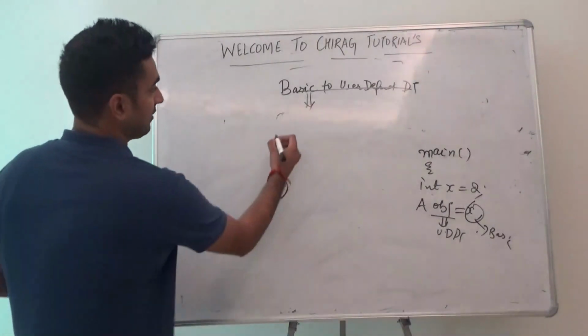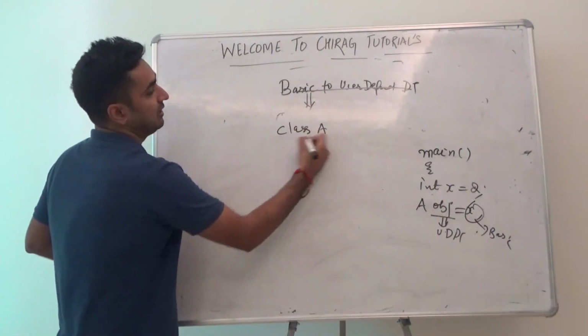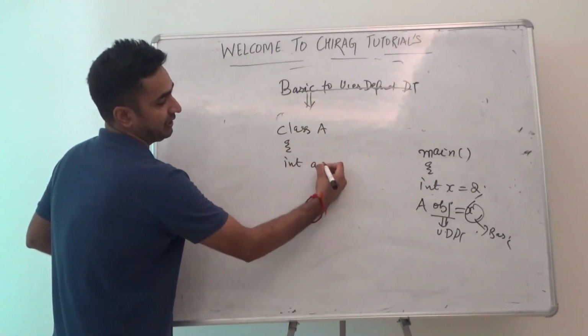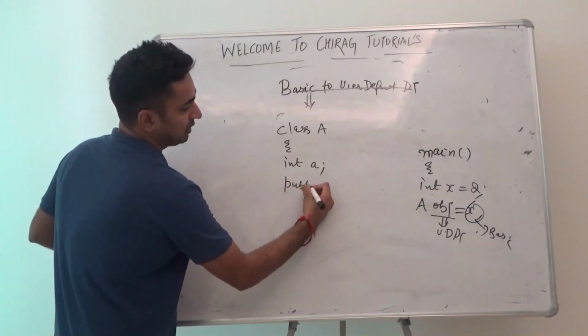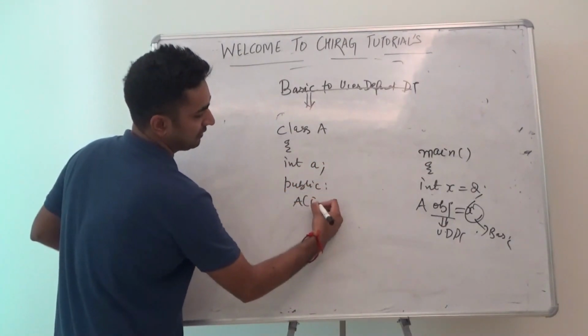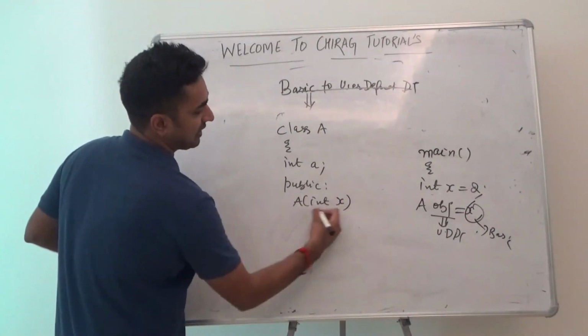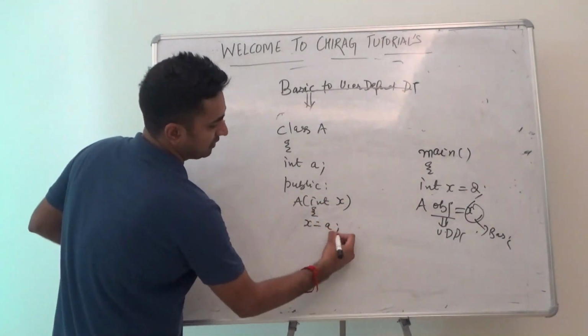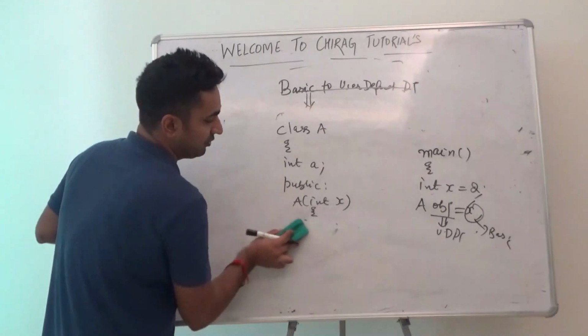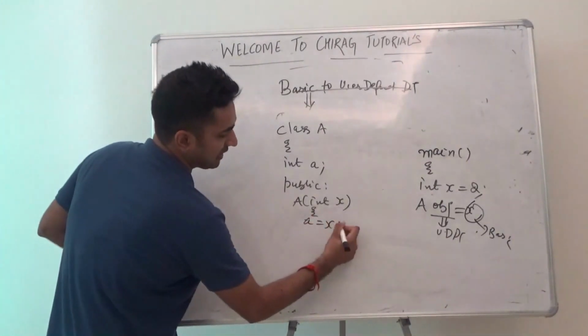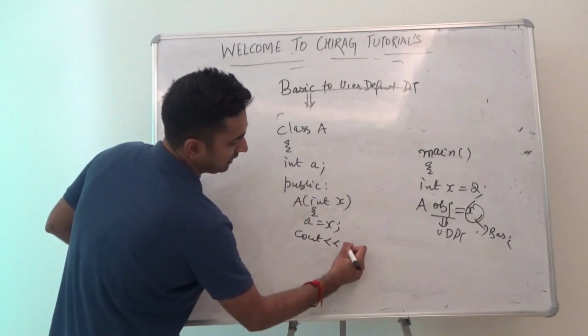It means you have to create a parameterized constructor in class A. You create a variable int a. In public you write A(int x), and the a value is given as x, and you are displaying cout a.